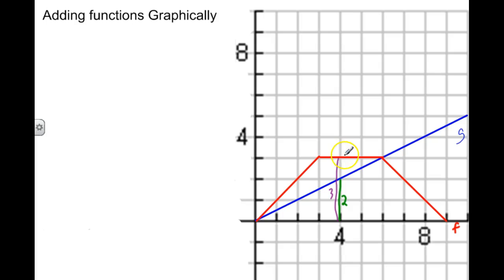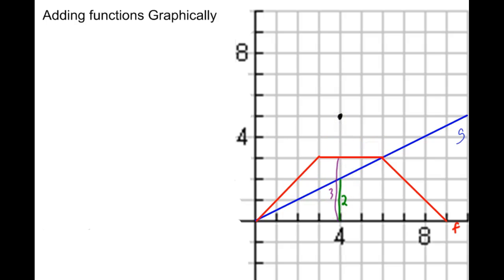Those are the y values of those points when x is 4, the points (4, 2) and (4, 3). So if you add up those two y values, the resulting function would be (4, 5). So that point is what you get when you add up those functions at 4.